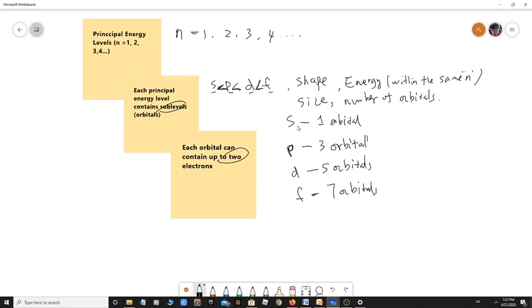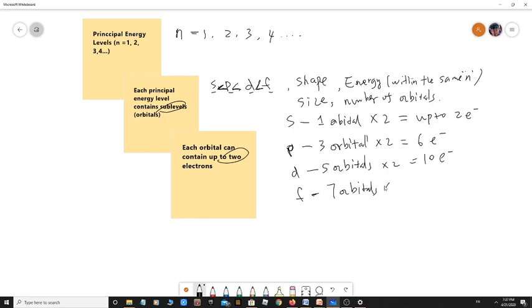So in other words, if you're looking at the S sublevel or S orbital, there's only one orbital, and this orbital can hold up to 2 electrons. If you have 3 orbitals in P, then your maximum capacity will be 6 electrons. If you have 5 orbitals like in D, you can have up to 10 electrons.